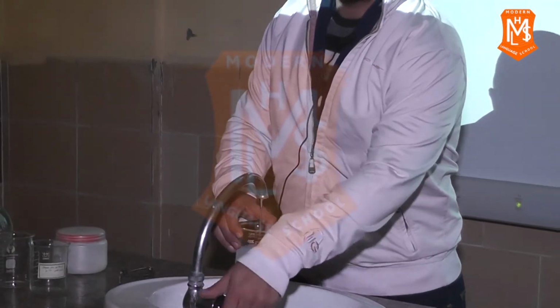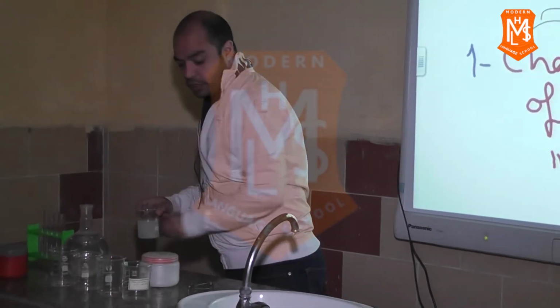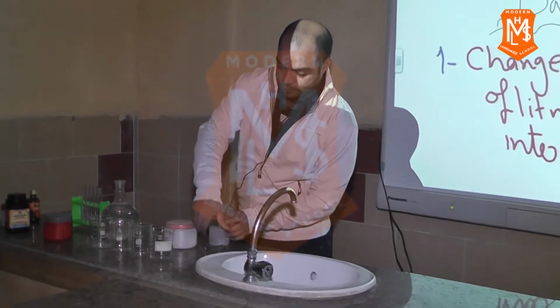Now we will show how a base changes the color of litmus solution into blue.